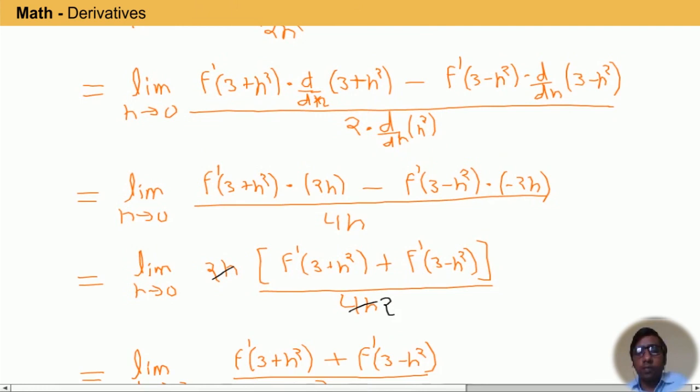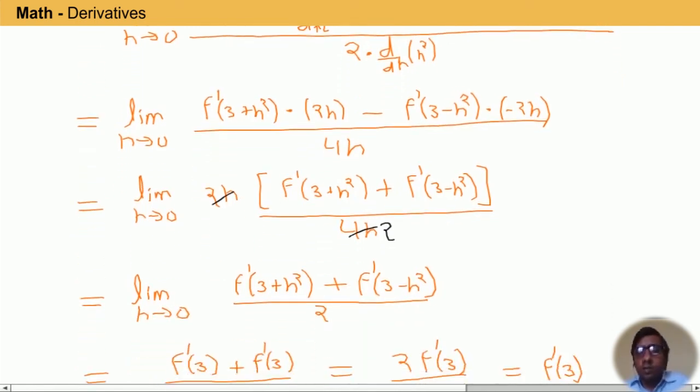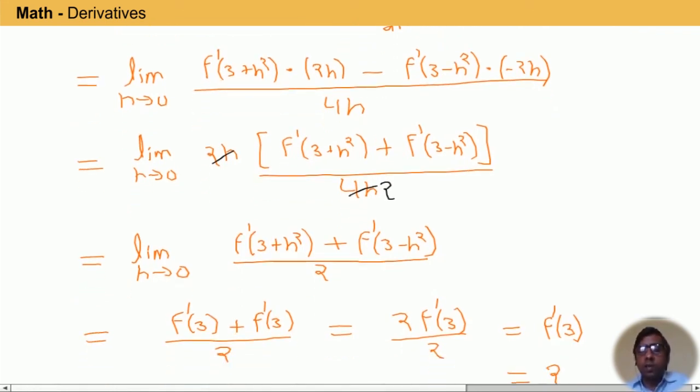After simplification, we are getting 2h times f dash (3 plus h) squared plus f dash (3 minus h) squared as the numerator, divided by 4h. After simplifying, this is f dash (3 plus h) squared plus f dash (3 minus h) squared divided by 2. Applying the limit, f dash 3 plus f dash 3 divided by 2 equals f dash 3. So finally we are getting 2.